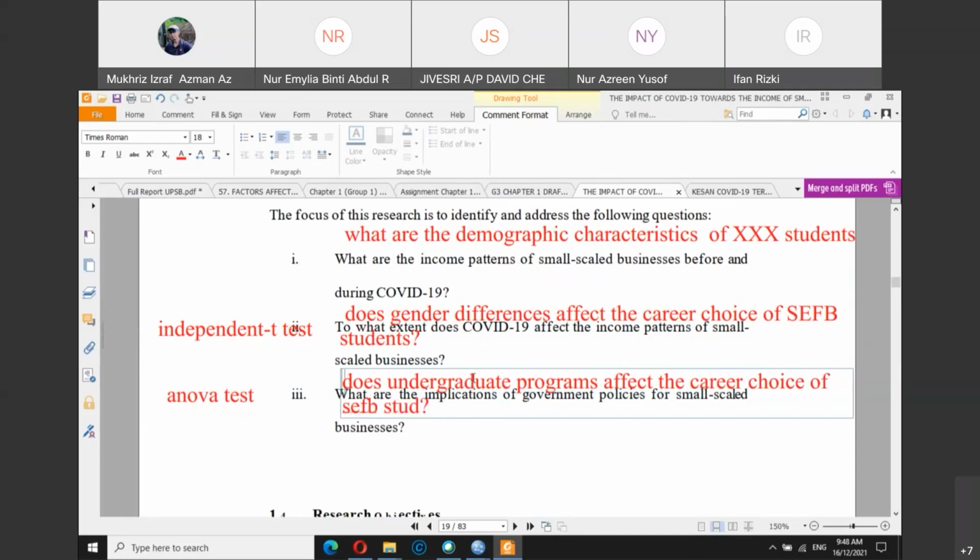So if you're focusing, let's say we want to analyze, what are the groupings that you can have? Undergraduate programs.